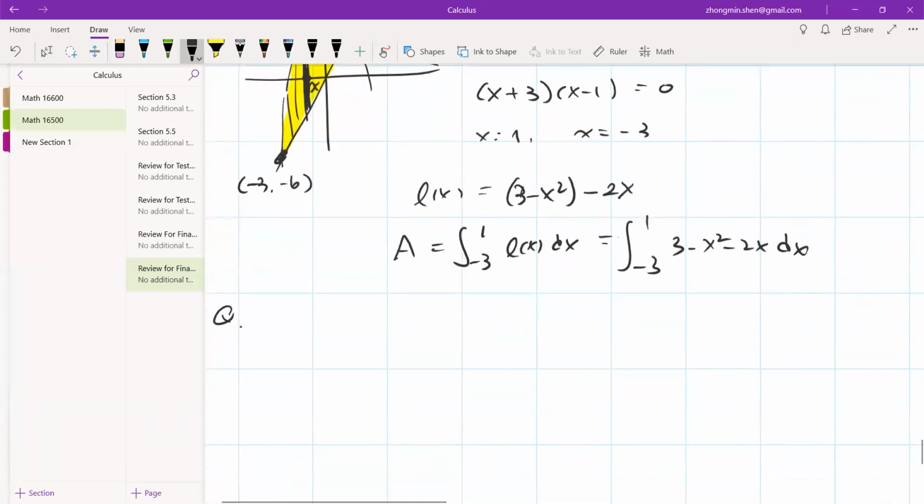The next problem is about integral. So it's very similar to the one I put on the test, but I really want to, where's my test?